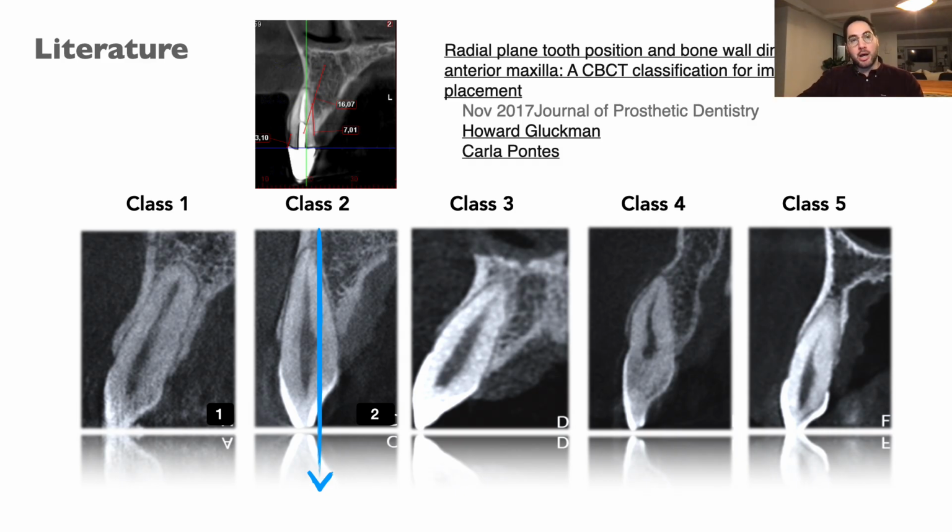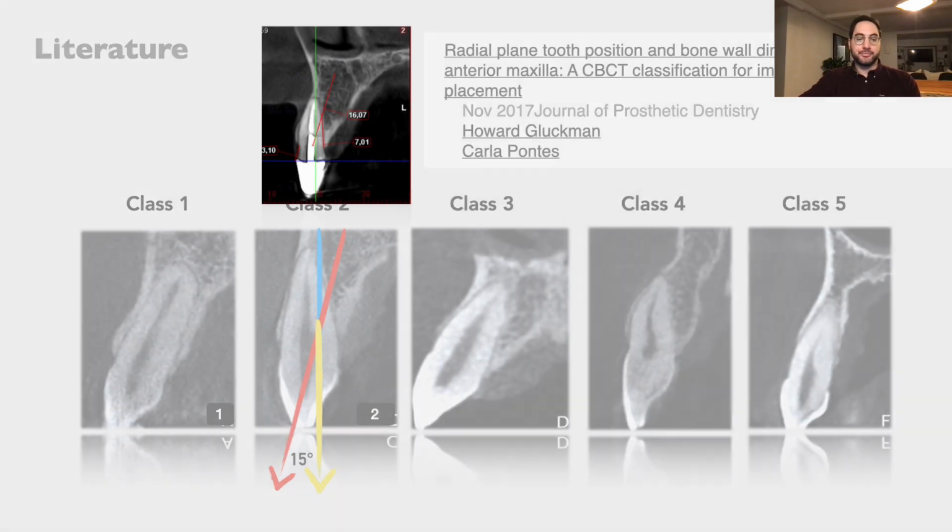Instead, I wanted to drill along the red axis, following the most generous bone corridor. When it will be the moment to create the final prosthesis, I will only need to adjust the screw access axis, here in yellow, to obtain a screw-retained restoration, and this, as you know, can be done using axis correction screws and drivers.